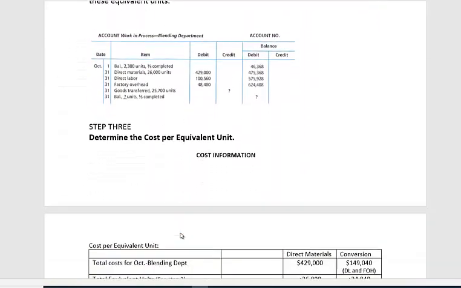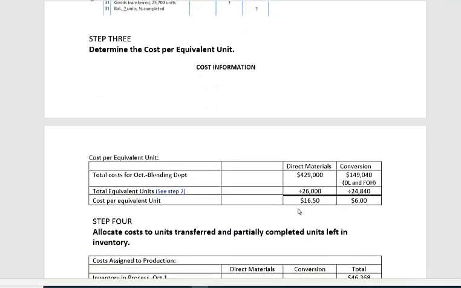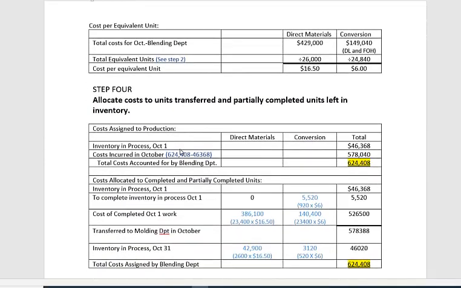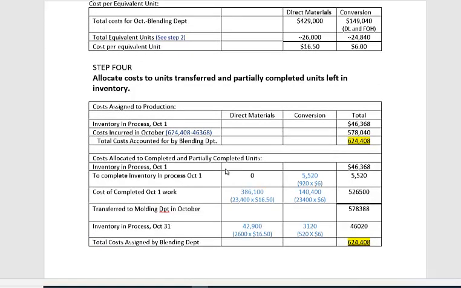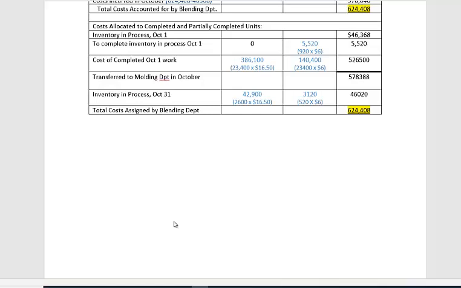And then in step 3, we determined the cost per equivalent unit. In step 4, we used the equivalent units and the cost per unit to calculate and allocate the total cost for all three of those categories. So if you combine all 4 of those steps, you will have completed the cost of production report for a process costing department.